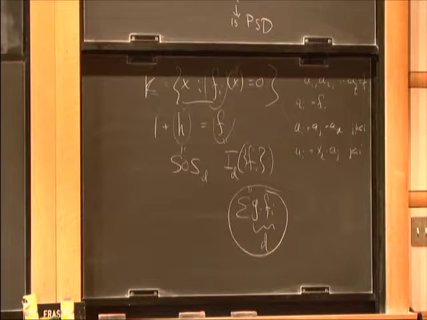And there are examples where, for example, the Nullstellensatz degree is omega of n, but the degree of polynomial calculus for the same one is a constant.